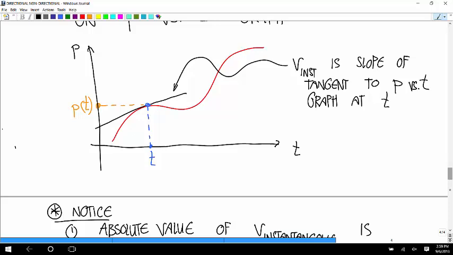Positive, because the slope is positive. If it was at this instant here where the slope is like this, well, I'm exaggerating, would it be in the positive or negative direction? Negative. So at that instant, the object would be moving in the negative direction. And if it was right here where the slope is equal to 0, it's not moving in the positive direction. It's not moving in the negative direction. So that's an object that's at rest. It's not moving at all at that instant.